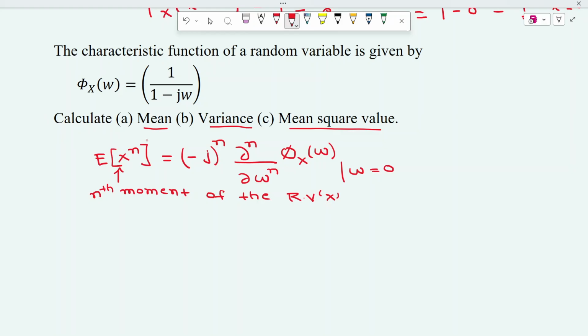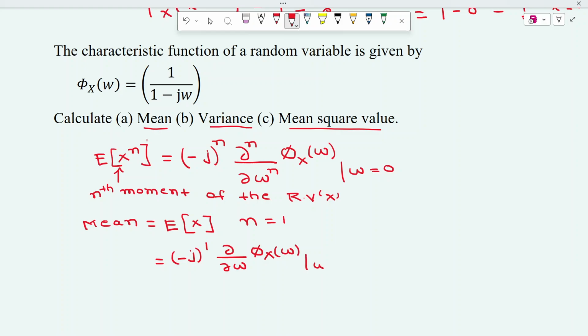So here the first one is mean. What is mean? Mean is represented with expectation of x. That means here the value of n is 1. So we get from this expression expectation of x equals minus j dou by dou omega of phi x of omega, and then omega is equal to 0.